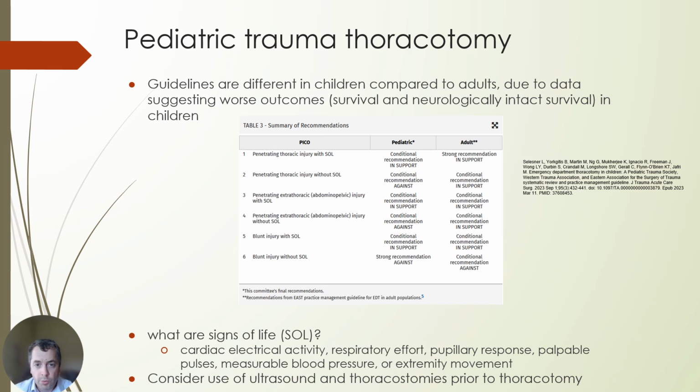Another key difference between adults and children in trauma is that the indications for ED thoracotomy or clamshell are stricter in children. The table here is from a practice management guideline that was released in 2023 as a collaboration between the Pediatric Trauma Society, East and West.